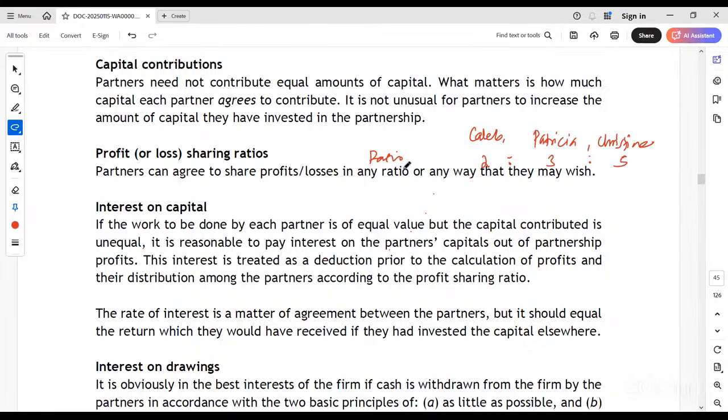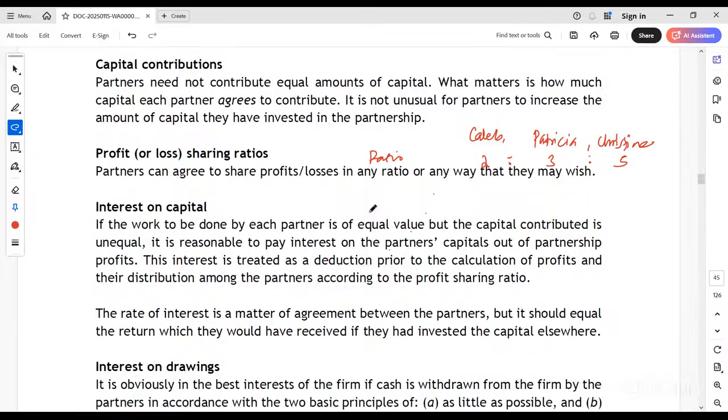Then interest on capital. Now, due to the fact that I'm going to invest my money into the partnership business, how do I benefit? How do I benefit if I introduce my money into the business?